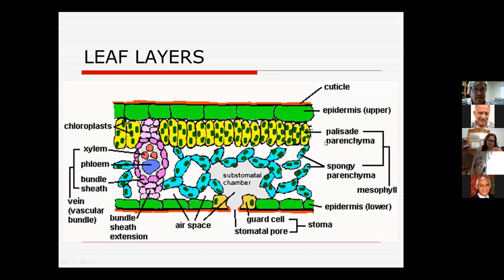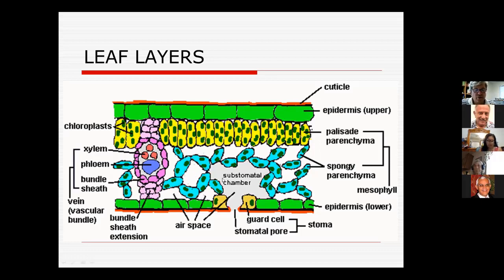So you have this palisade parenchyma, and below it you have this area that is still parenchyma cells, which are just basic plant cells. But you have this spongy layer, and there are a lot of air pockets between them, and that allows both air and water vapor to move in and out of and around that leaf, because you've got to get water, oxygen, and carbon dioxide moving back and forth up to all these other cells.